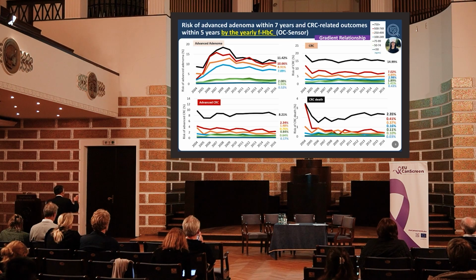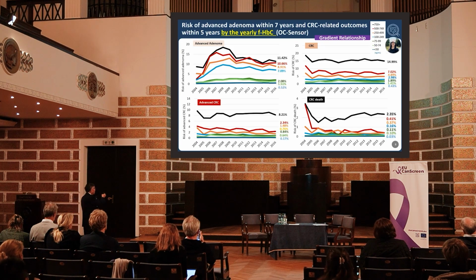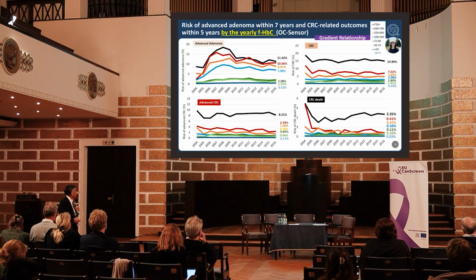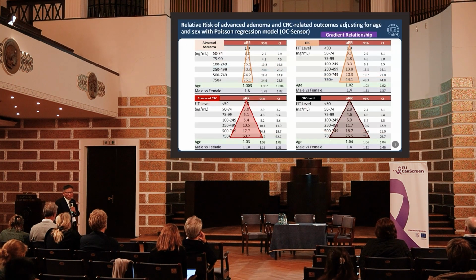So we use this follow-up again to look at the year-by-year change of the fecal concentrations. And you can see for advanced adenoma, colorectal cancer, and advanced CRC, there is a remarkable gradient relationship. Then we use Poisson models to adjust for age and gender, in order to consider cutoffs for different ages and genders in the future.